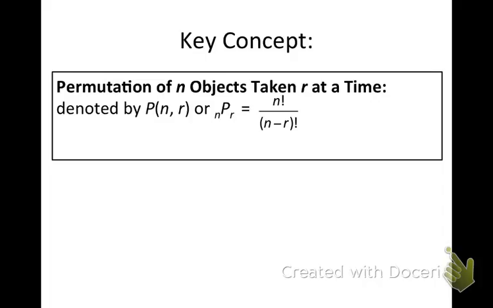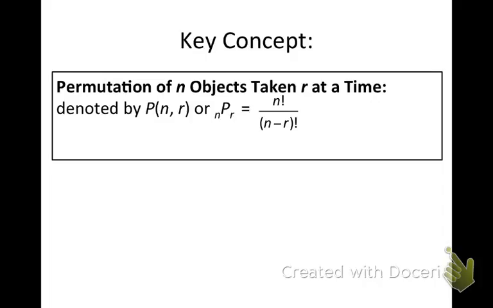What if I only wanted to make arrangements using only 3 of the 5 letters of Avery's name? That's going to change it, because now I'm not going to have as many spots to fill up.